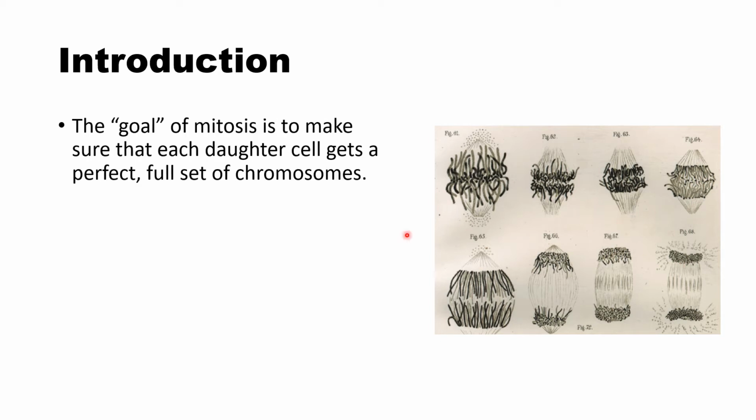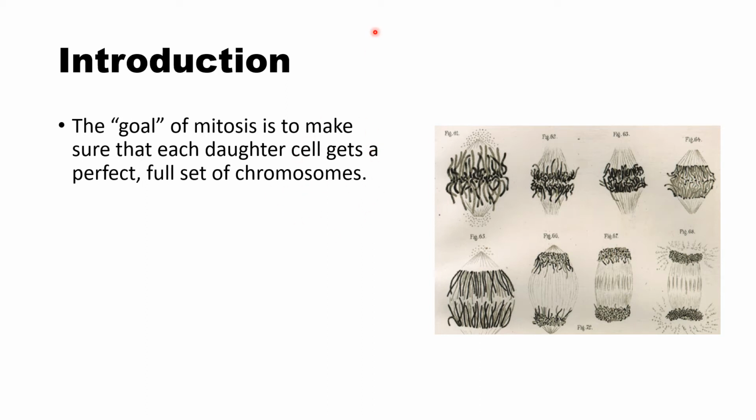So, the goal of mitosis is to make sure that each daughter cell gets a perfect full set of chromosomes. So, one of the goals of mitosis is to produce daughter cells that have a perfect full set of chromosomes.